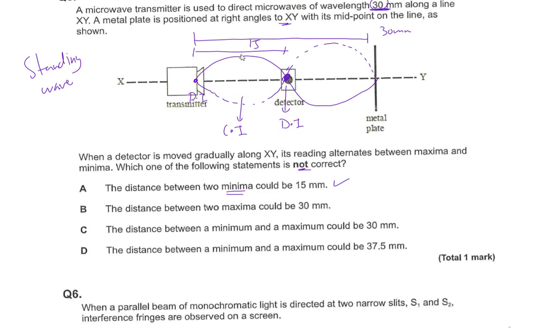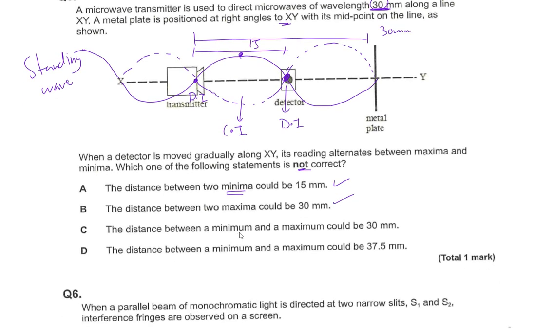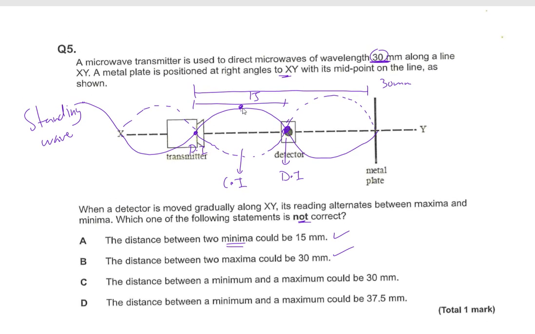So from one peak to the next peak, so two maxima. So from peak to peak, if I continue the peak, this would be one peak there, and the other peak will be there, so it'll be 30, so that's correct.